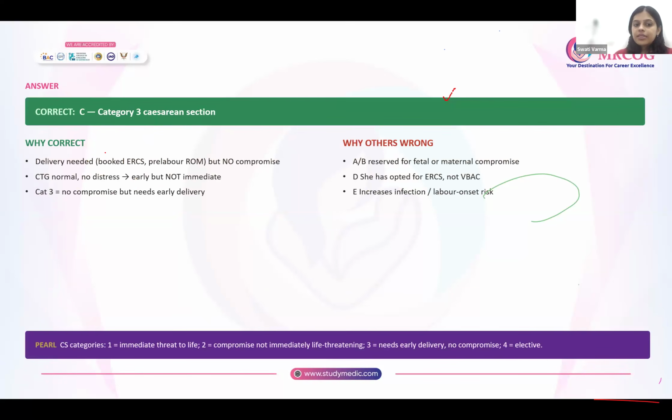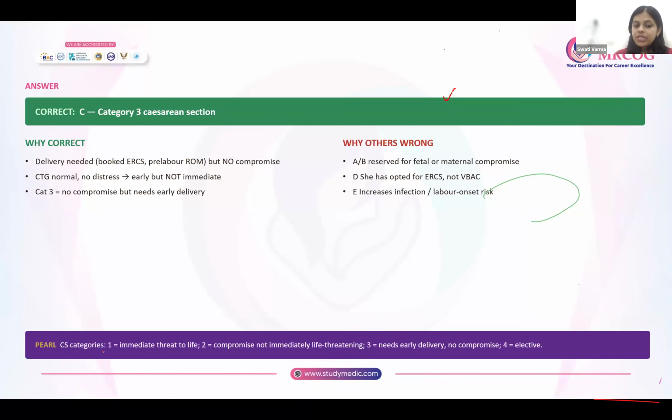Hence, it is category 3 cesarean section. For example, she was booked for elective cesarean section but has gone into labor. In those cases especially, category 3 is the correct answer.